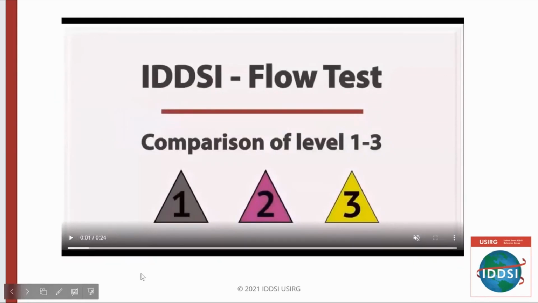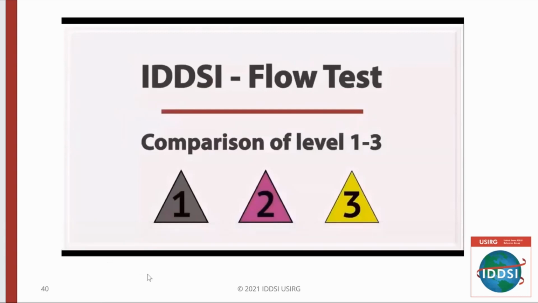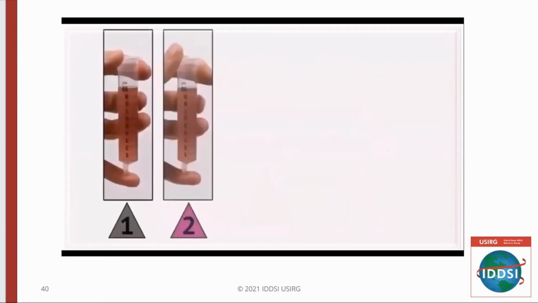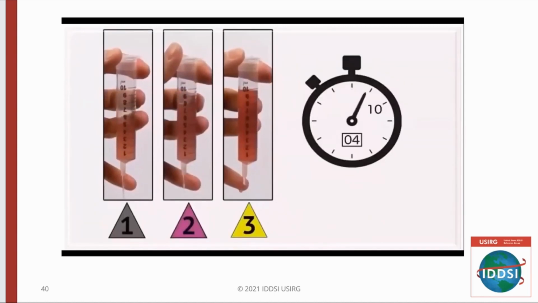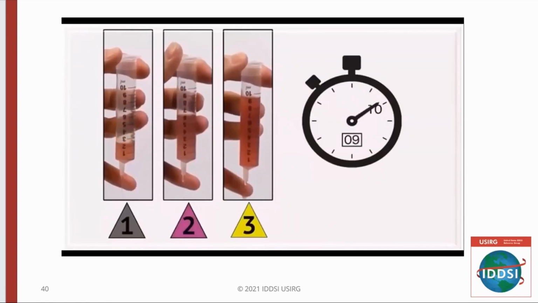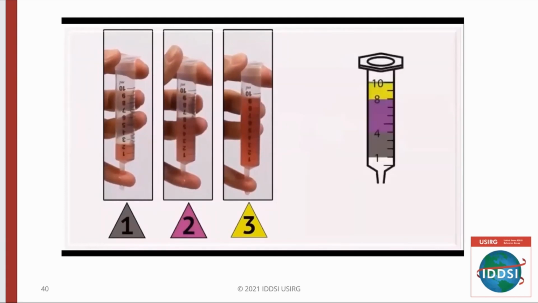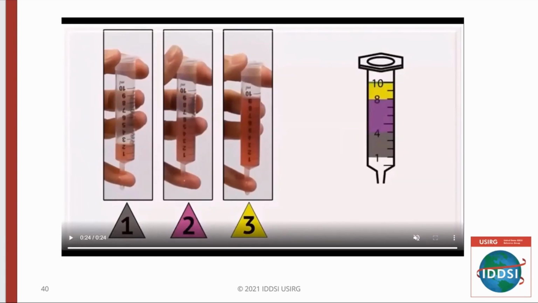Let's review. Here we can see this test again with levels 1 through 3. A level 1 liquid was tested on the left, and after 10 seconds there's about 2 ml remaining, and that puts it into the level 1 category.